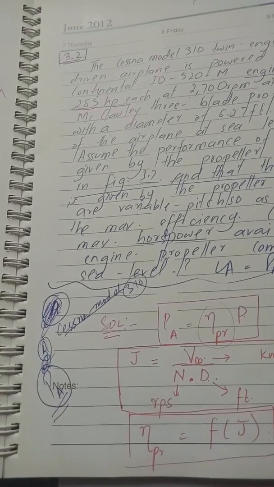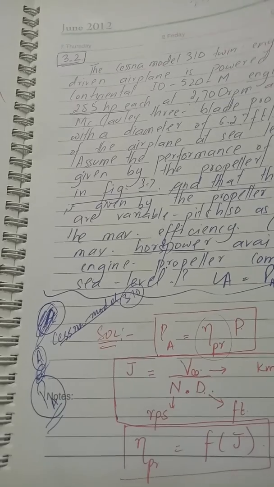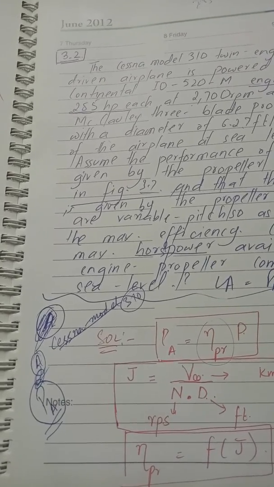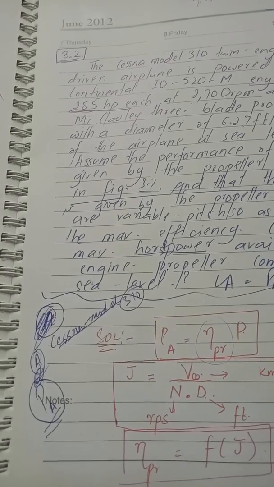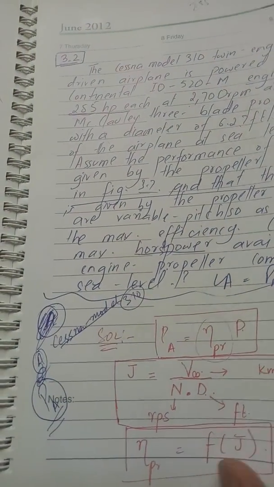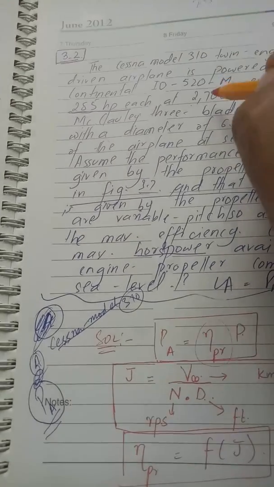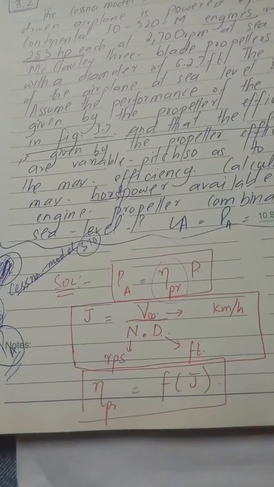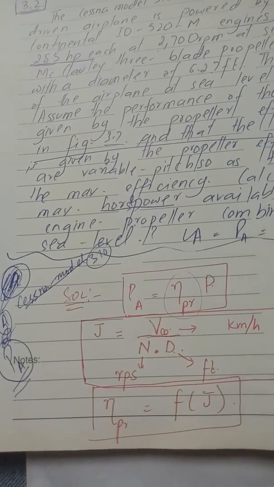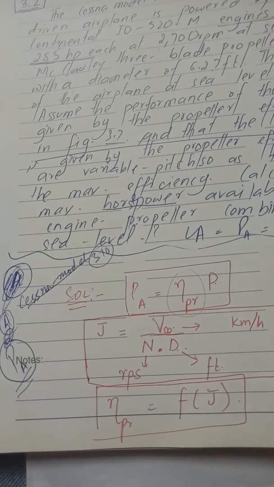That's so simple. Okay, so what we have got first of all is the two engines, each, and first of all we're going to calculate the velocity.